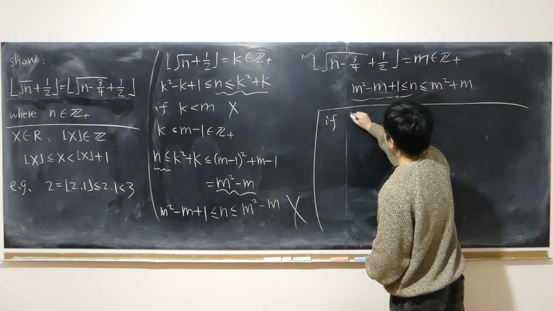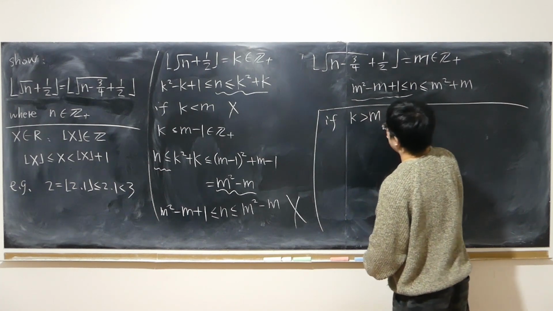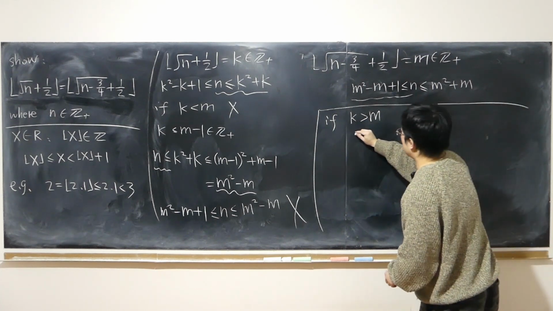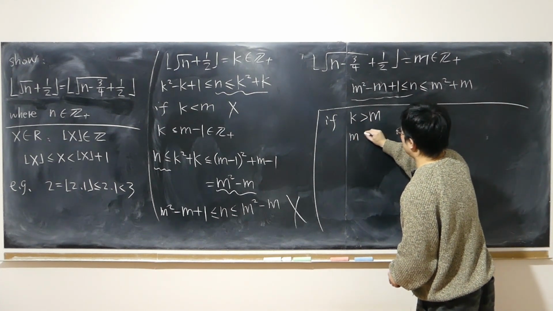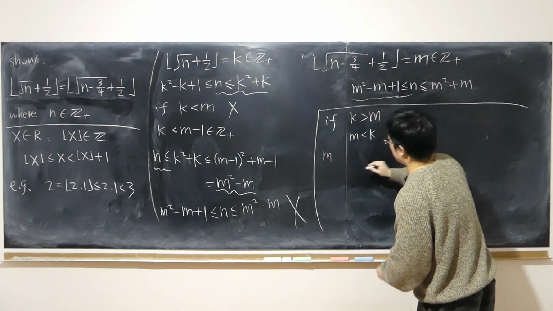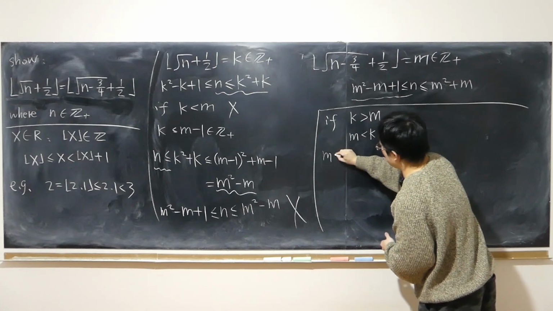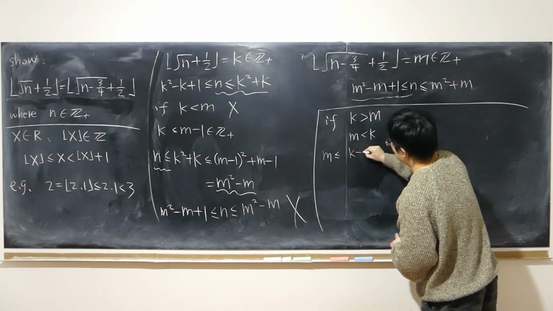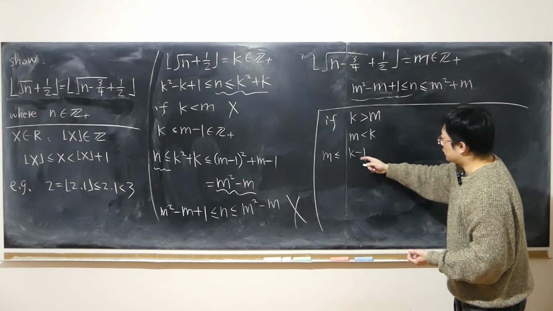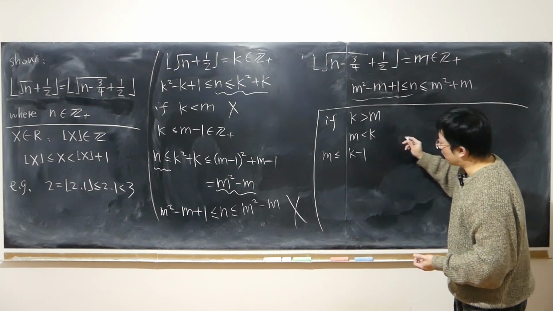Now, if k is bigger than m, what's going to happen? In that case, in other words, m this time is less than k, which means m cannot equal k, but could be equal to k minus 1, the next biggest integer before k.